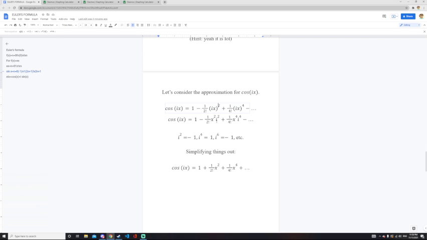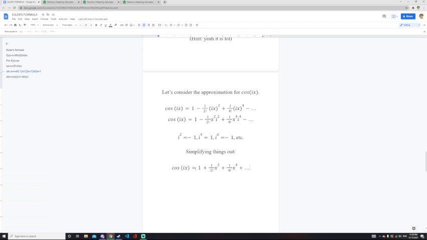Let's take i out, so we get x squared times i squared plus this times i to the 4. Of course, because it's i, we're going to see that i squared equals -1, i to the 4 equals 1, i to the 6 equals -1. That's just how i works.